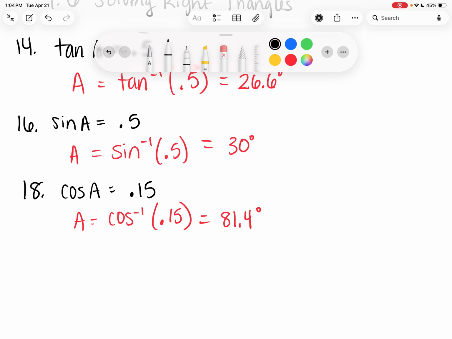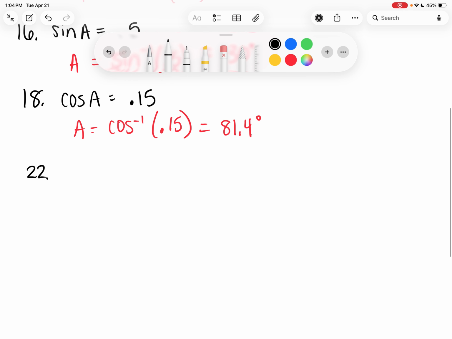All right, so now we're going to get into solving the right triangles. 22.